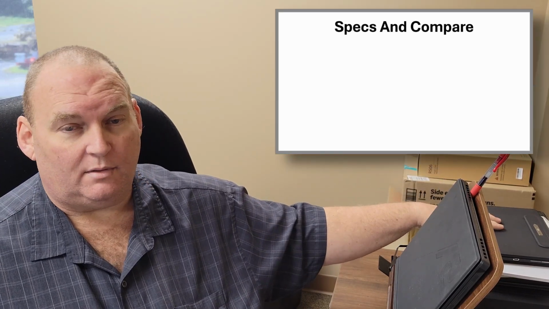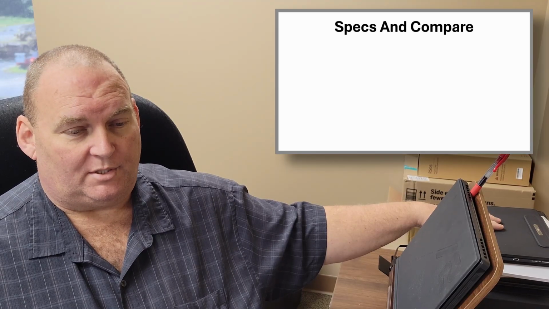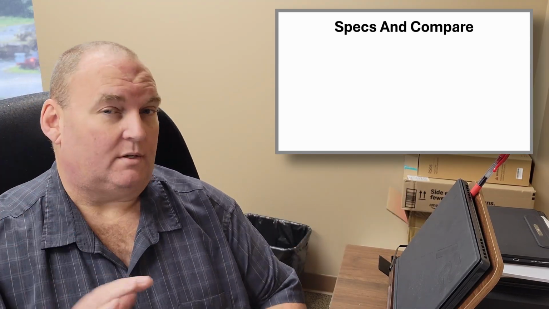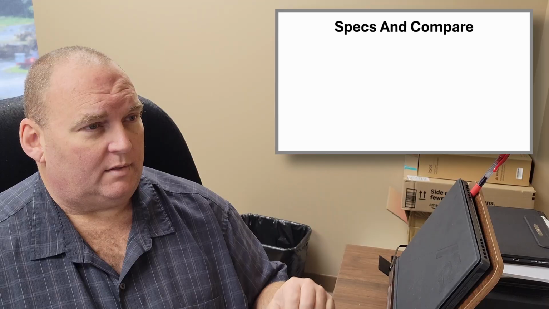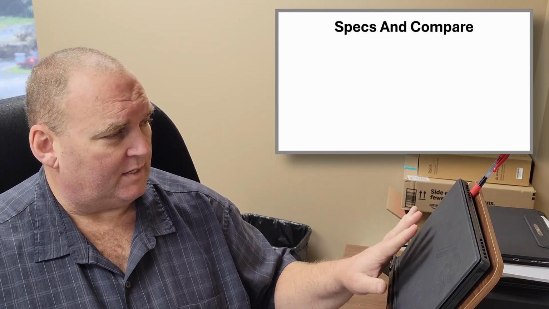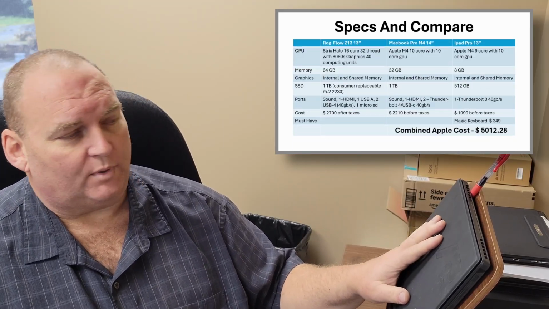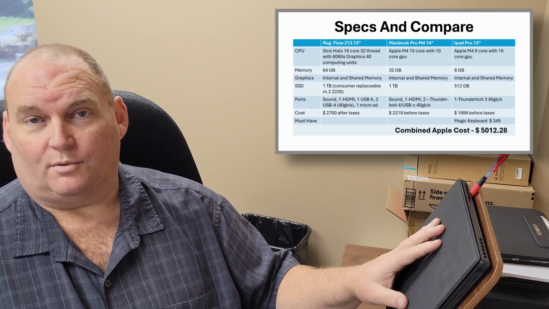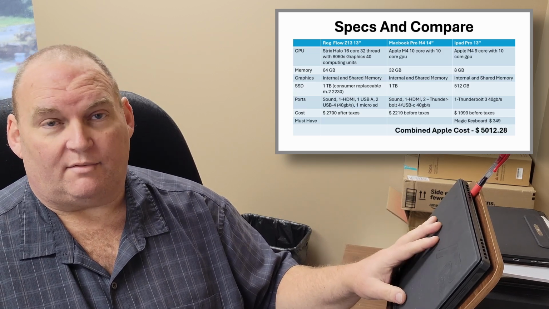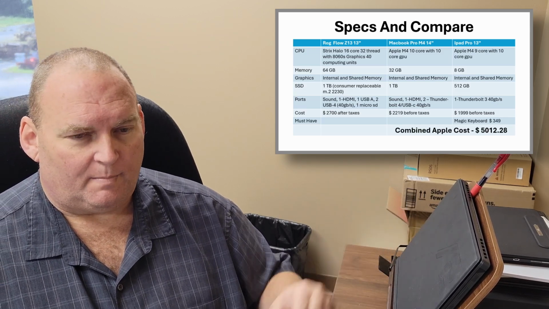So when you look at the lowest end MacBook Pro 14-inch and you increase your memory to 32 gigabytes and then you purchase the iPad to carry it, you end up with a machine setup that's about $5,300. And after taxes, I think it pushed a little bit higher than that, but after taxes, the 64 gigabyte Asus ROG Flow Z hits you at the $2,700 mark, a little bit under, but thereabouts.